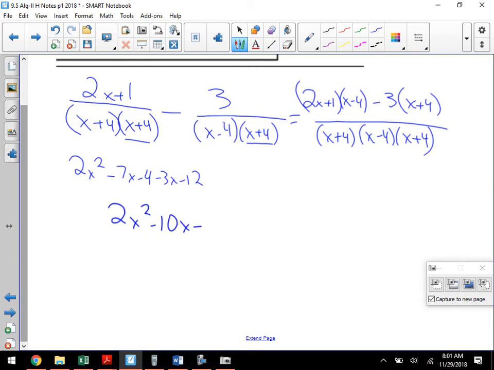Negative 4, that is negative 16. Real quick. What can you do to the numerator? GCF. I'd always double check it, just in case sometimes you miss a term that could have been factored out earlier. Doesn't hurt.